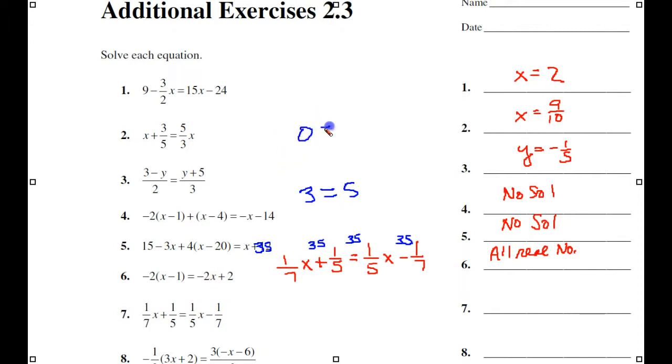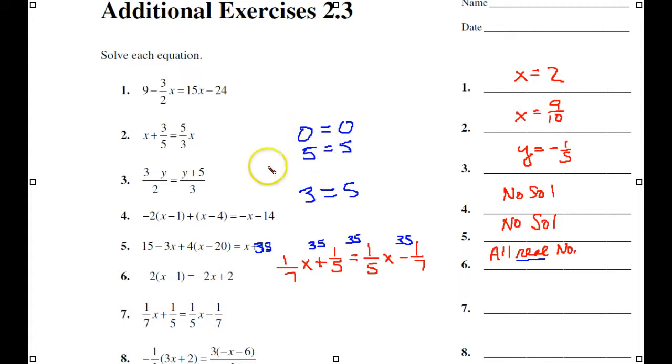Now for number 6 over here, you would end up with something like this. Let's say 0 equals 0 after you did the steps. And in a case like that, it could be 5 equals 5. As long as you end up with a true statement, then the answer is all real numbers, because any number that you put into the equation for the x on one side and the x on the other would be a solution.